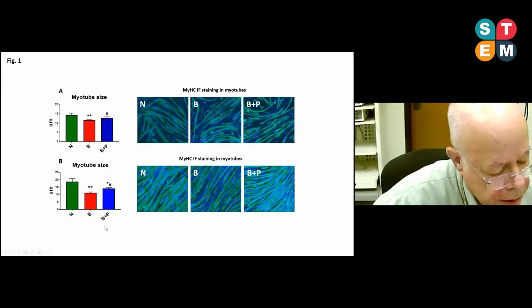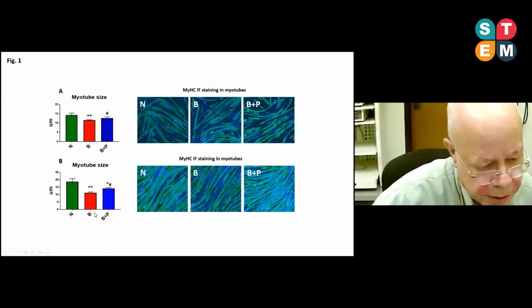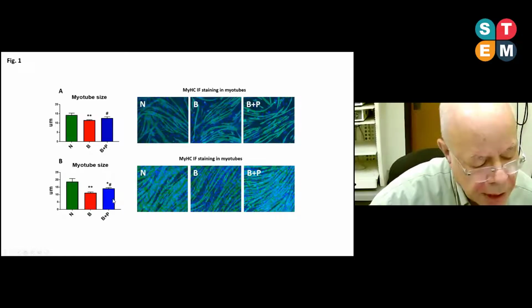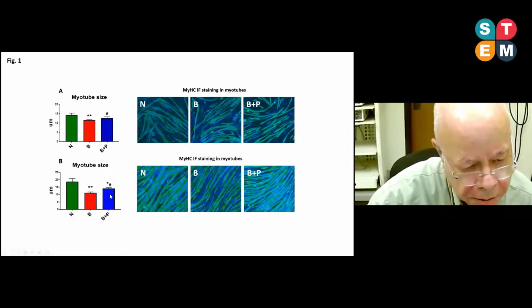And as you can see, the myotube size was reduced in the burn patients receiving placebo, but that size was significantly rescued with serum from burn patients receiving pamidronate.